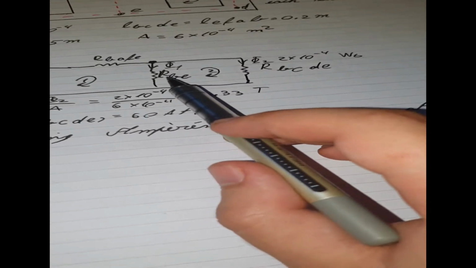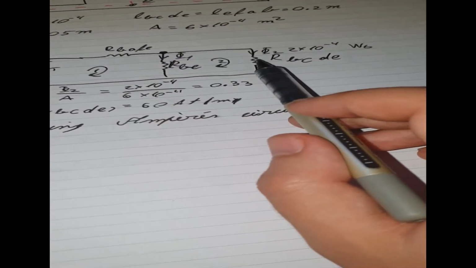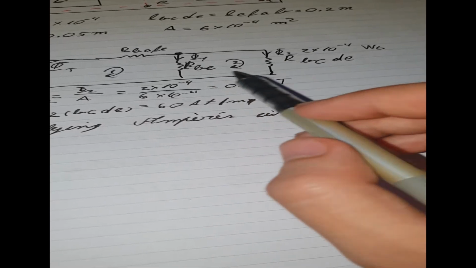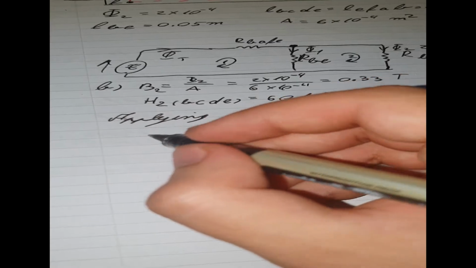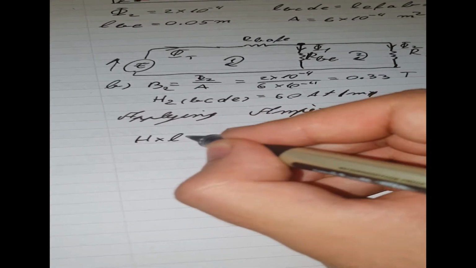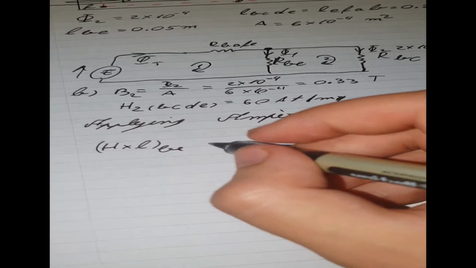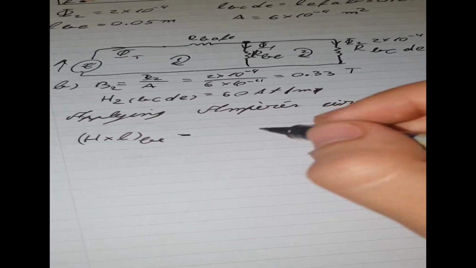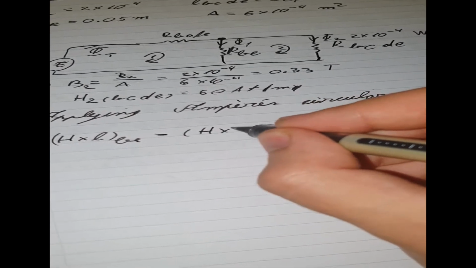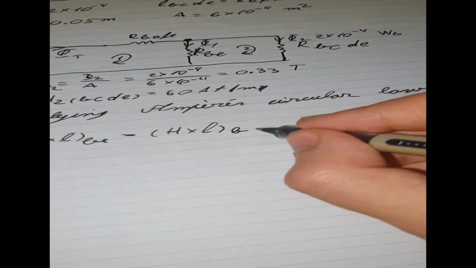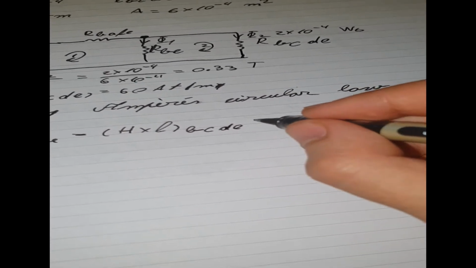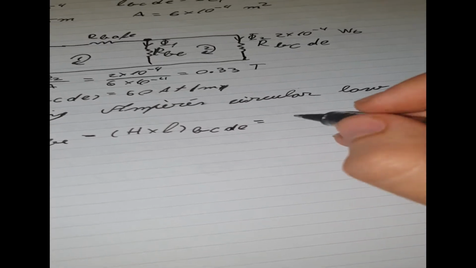Because we know the length of this one and the length of this one, and they share the same MMF, we can write it as H times L for BE, minus H times L for BCDE, will be equal to 0.